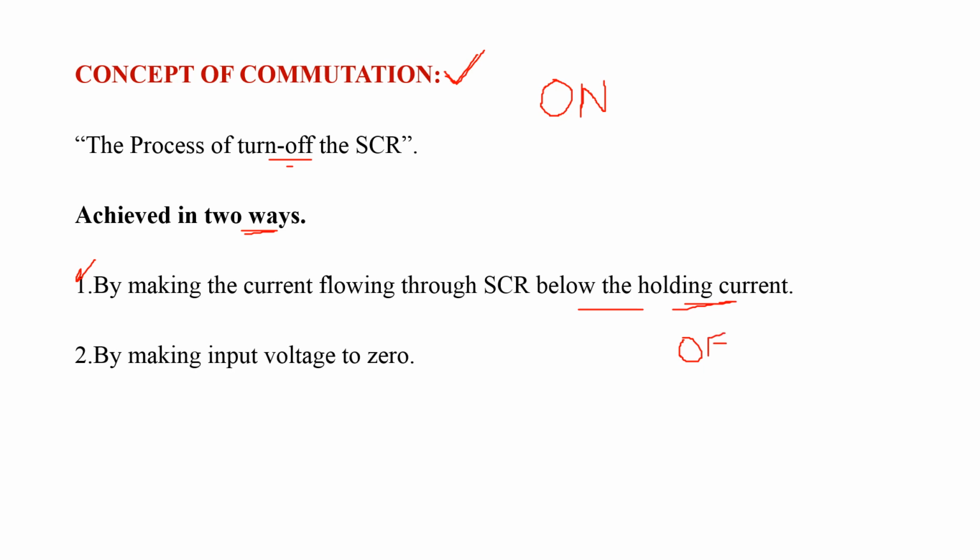By making the current flowing through SCR below this holding current, we can get the turning off of SCR. Similarly, by making the input voltage 0, we can also make the SCR go into off state. This is about the concept and ways of making the SCR go into off state.